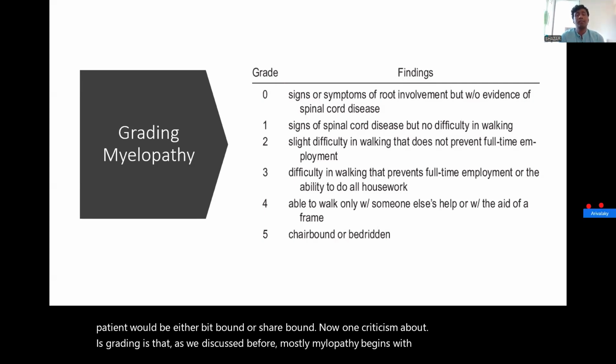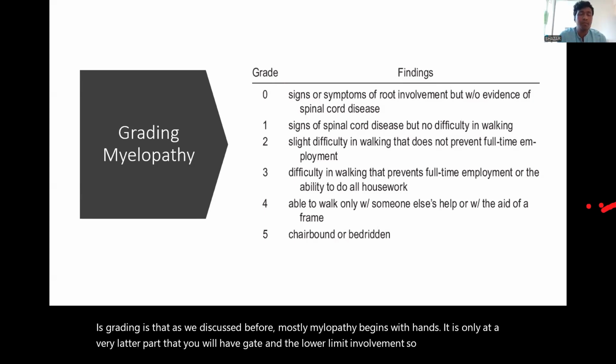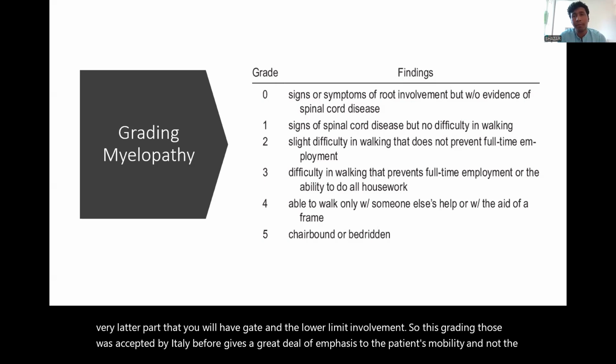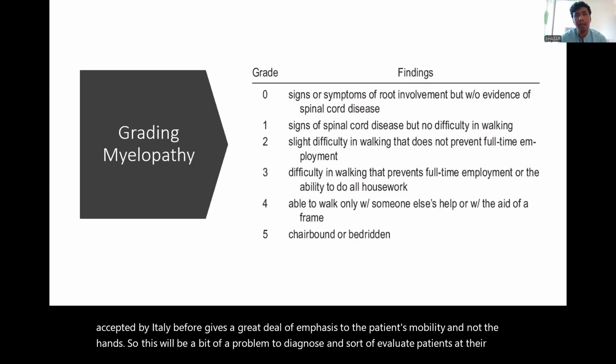It is only at a very later part that you will have gait and lower limb involvement. So this grading, though widely accepted before, gives a great deal of emphasis to the patient's mobility and not the hands. This is a bit of a problem to diagnose and evaluate patients at the early stage of the disease.